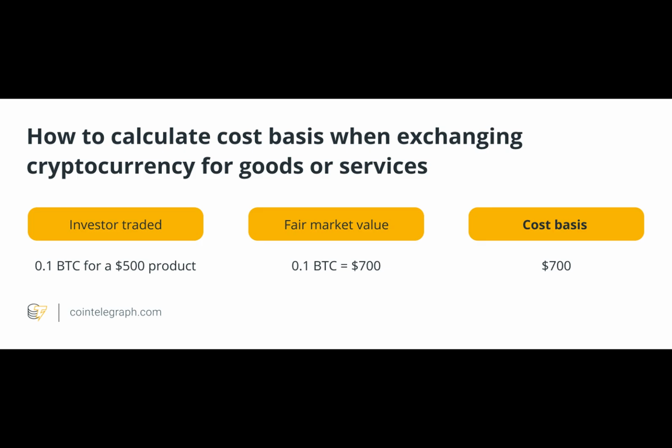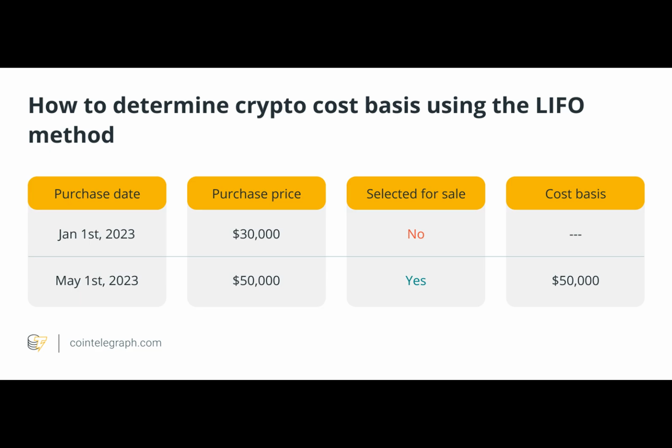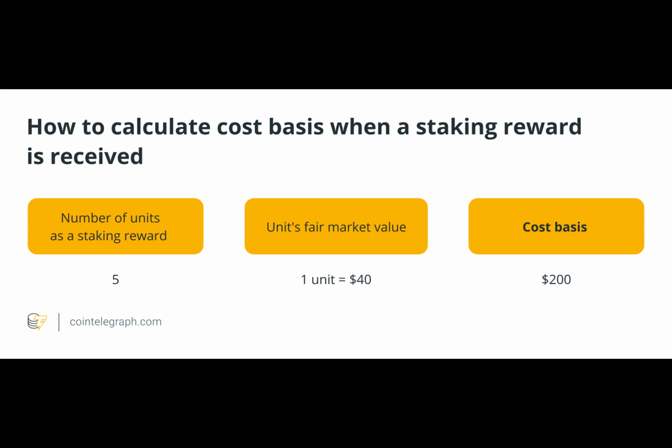And there are various methods to calculate the cost basis for cryptocurrencies, as discussed below. Specific identification is a popular method for calculating the cost basis of cryptocurrency holdings. Investors are able to determine and monitor the cost basis of each cryptocurrency asset separately using this method.